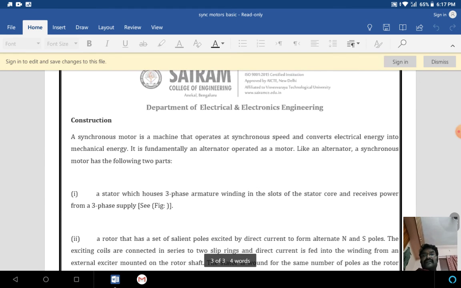Construction: a synchronous machine operates at synchronous speed and converts electrical energy into mechanical energy. Motors are devices which convert electrical energy into mechanical energy, and generators convert mechanical energy into electrical energy.